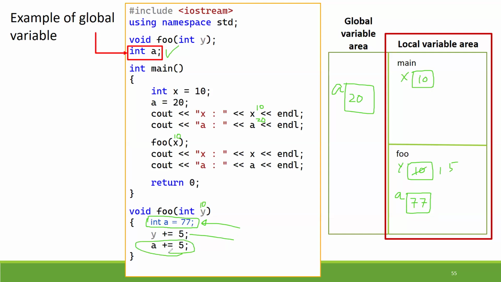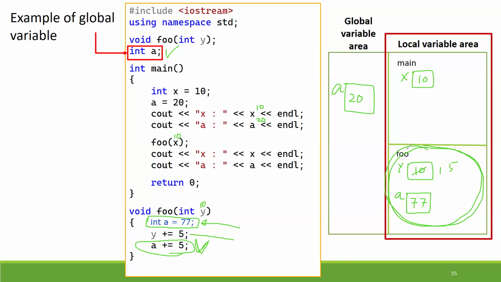And then this one. See, I told you that at first, the computer will look for its local area. If there is no local variable, then the compiler will go outside to look for the global area. So at this line, the computer will look for the local area first.